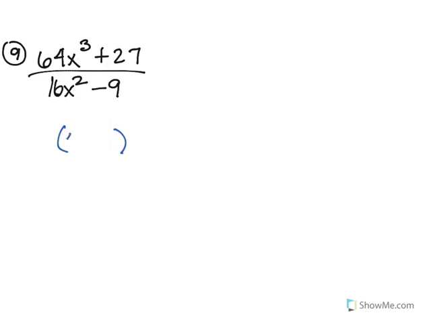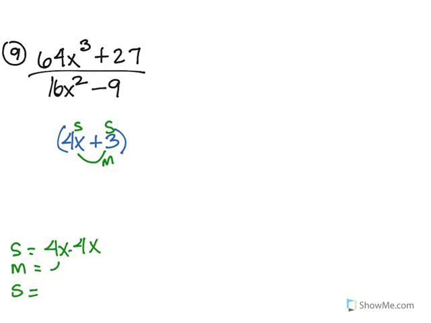So that's the first number. You bring down an x, you bring down a plus sign, you mimic that problem. And what's the cube root of 27? 3. That goes in the first parenthesis. That's your roots, right? Then we're going to do square, multiply, square. Very good. And I'm just going to write this down here just in case you don't remember what square, multiply, square means. When you square the first term, you're going to multiply 4x times 4x, which is a what?